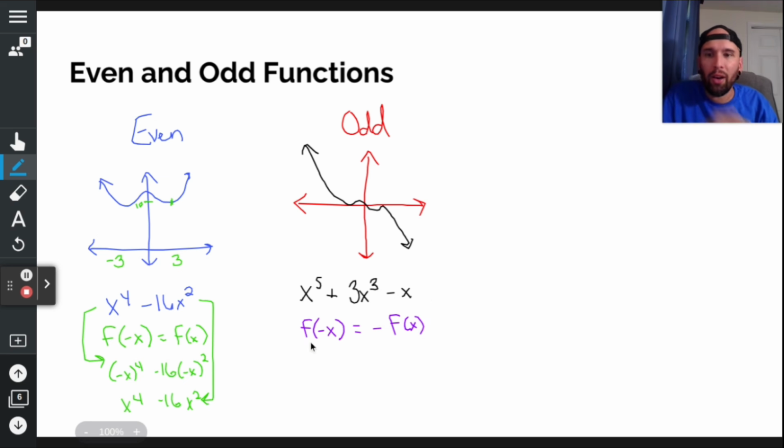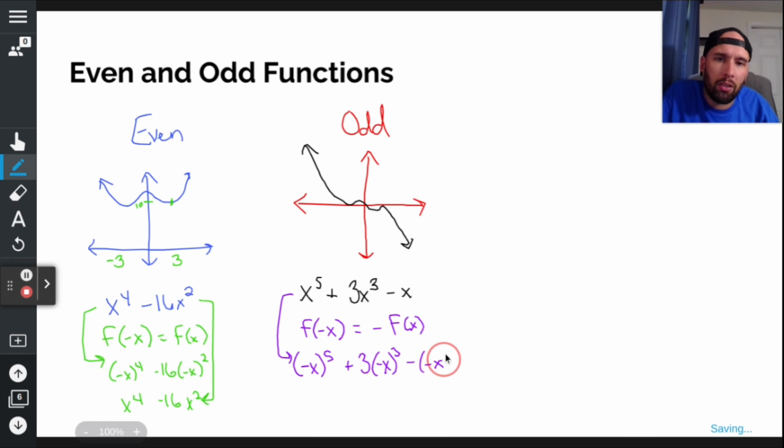Well, let's find out for this guy. Let's replace every x with negative x. So negative x to the fifth plus 3 negative x to the third minus negative x. Negative x times itself 5 times is still negative x to the fifth.